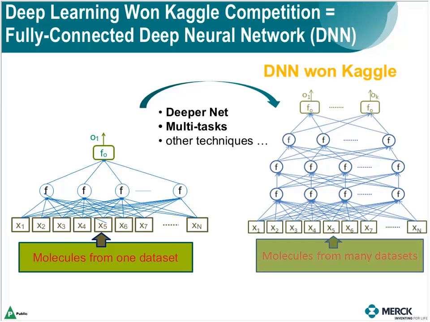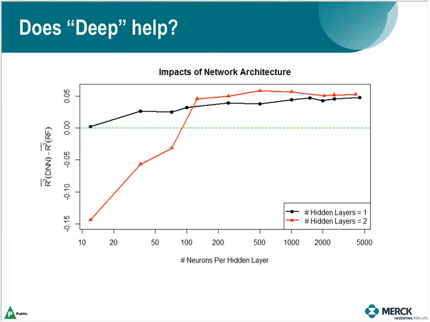Second is the multiple task setting: it produces all 15 outputs at the same time, instead of one network for one task. So the first question we will try to answer is: does this deep network, with multiple hidden layers, really help? So this is a plot.